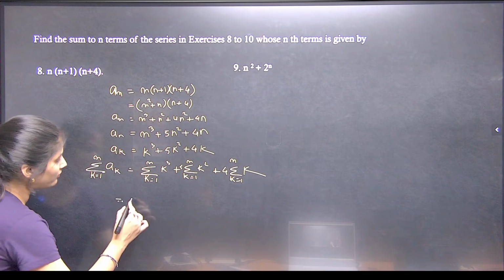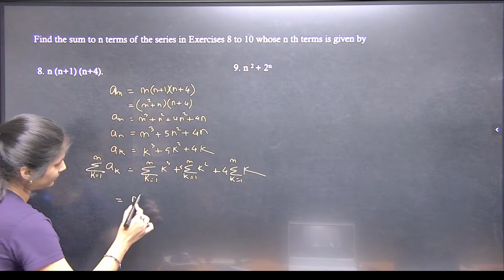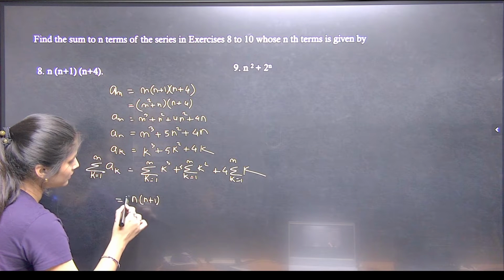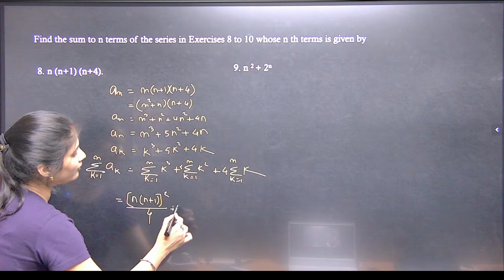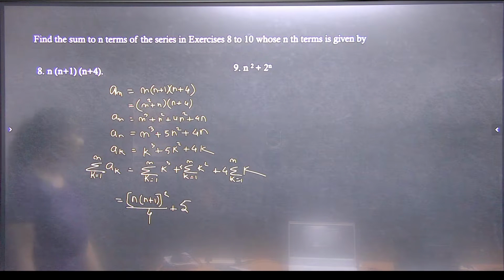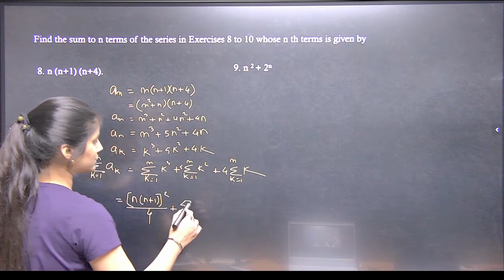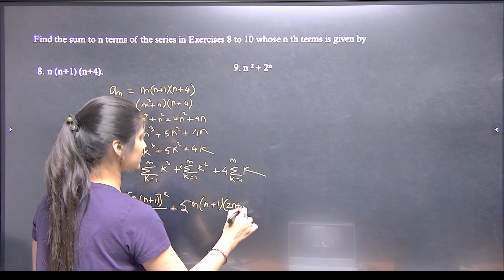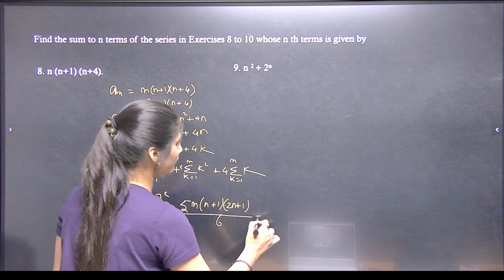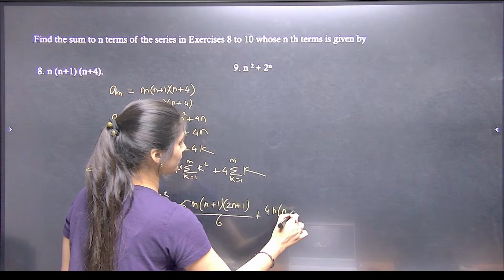Okay, so we have (n plus 1) whole square by 4 for k cube, and then we have 5, and it is n(n plus 1)(2n plus 1) by 6, and then we have 4 n(n plus 1) by 2.